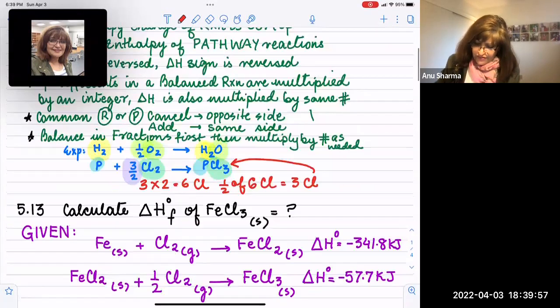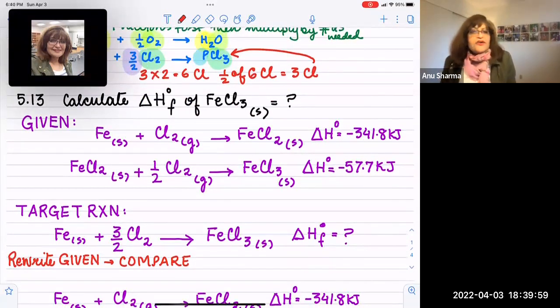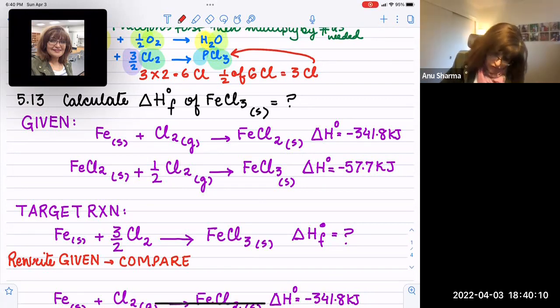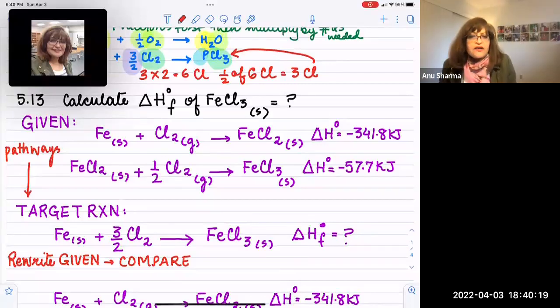Now let's look at the reaction in 5.13. We are given the delta H values of 2 reactions. These are called the pathway reactions. These pathway reactions are what lead to the target reaction, which is iron plus 3 by 2 Cl2.